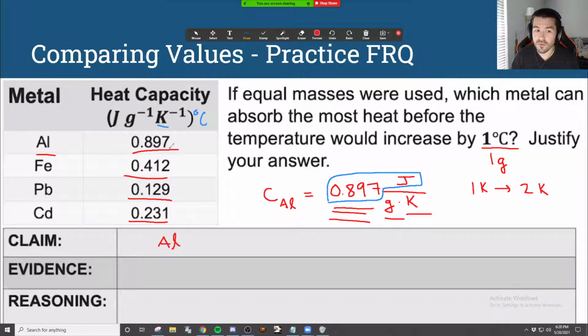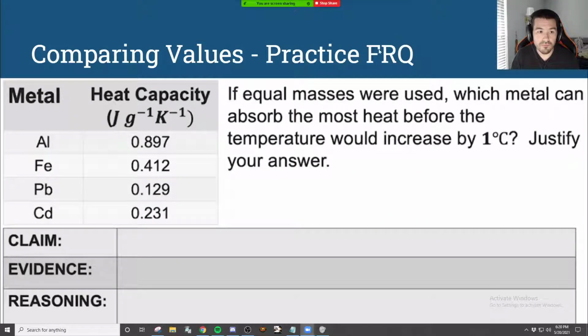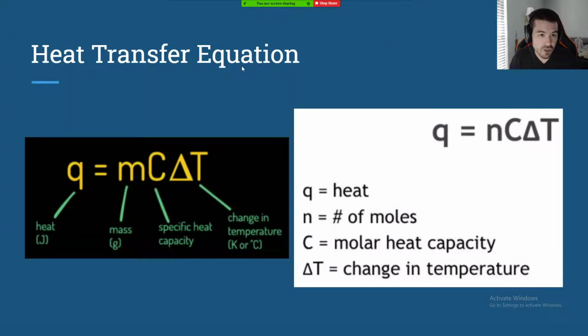That means it would take 0.897 joules to heat up 1 gram by 1 degree Celsius, compared to these others, which would be easier. So which metal can absorb the most heat? It would be aluminum, because it would absorb this much compared to these others. That's heat capacity in a nutshell. You're going to be using heat capacity values in this equation.